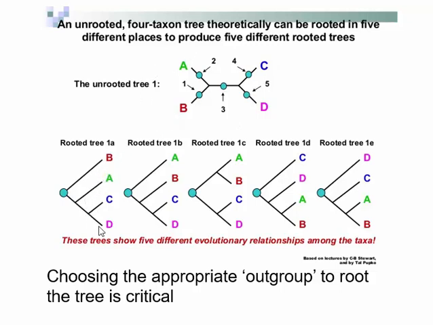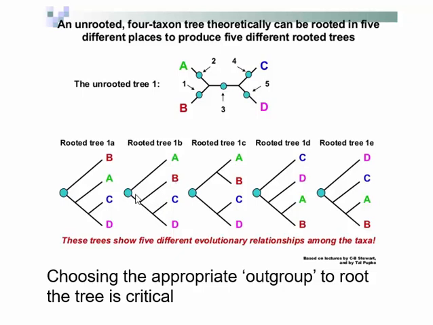But the point of this is we can root this tree in all of these different places labeled here, 1, 2, 3, 4, 5, and we get something that looks different, right? So if we root here at 1, where B is sort of the outgroup, or the basal group, we see C and D next to each other, and then A is most closely related. But if we root the tree here, C and D, and then B is next to it, right?